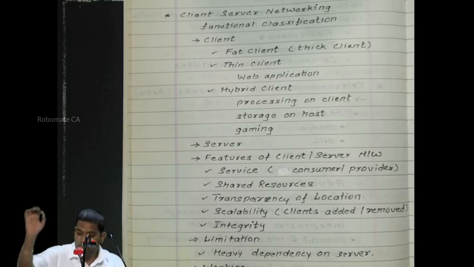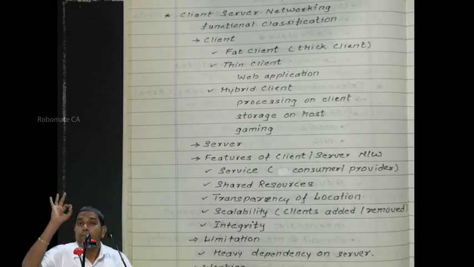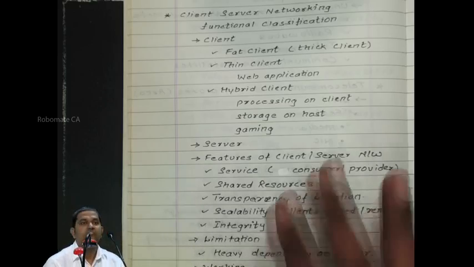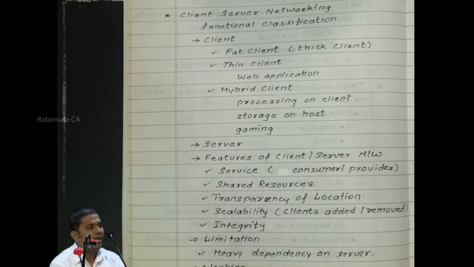Meaning the main processing will be done on the client, and the storage will be done on the host. Host means the server. So it is a combination of thick and thin client. Normally this is used in gaming software.